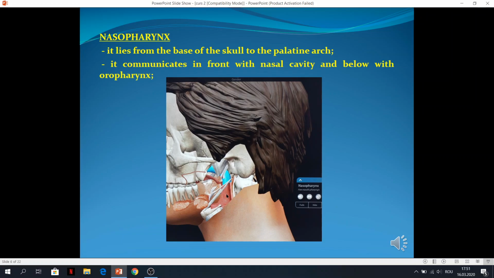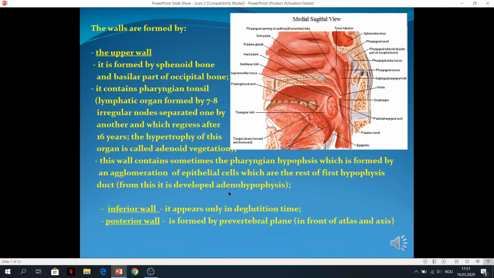The pink part here is the second segment of the pharynx. Nasopharynx is the most complicated part of the pharynx because it has a lot of important details. So let's see this picture. Again, it's a sagittal view, so a medial view. Right here you can see the nose.